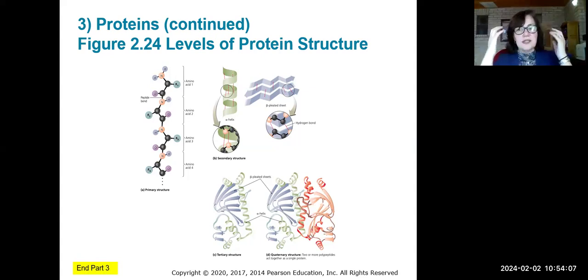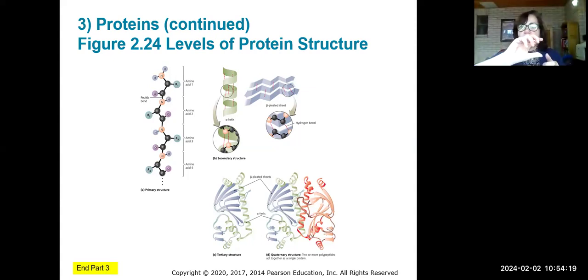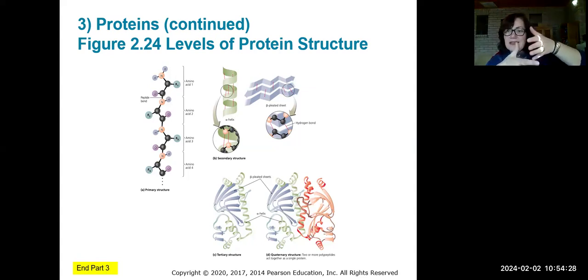Think about a can opener: it's got to have the handles, and the blade that sticks into the can, and the thing that you turn so that this can move. But if any part of that is messed up, like if that blade is there but it's at the wrong angle, you've got all the parts, the primary structure might still be fine, but if my tertiary structure is messed up, that protein's not going to work right.